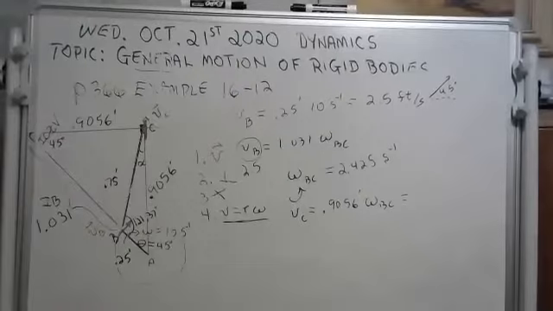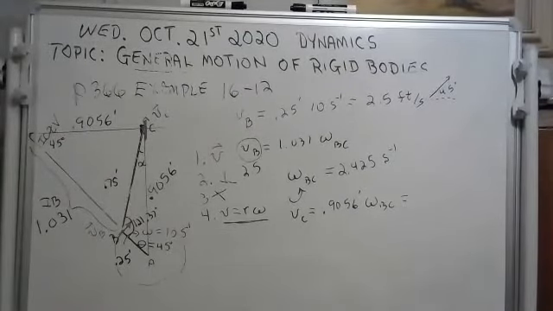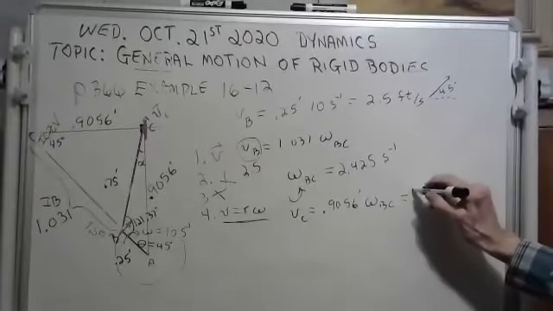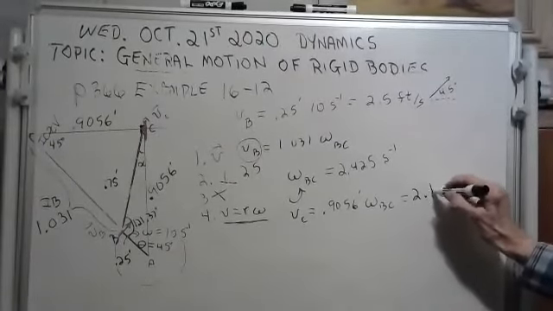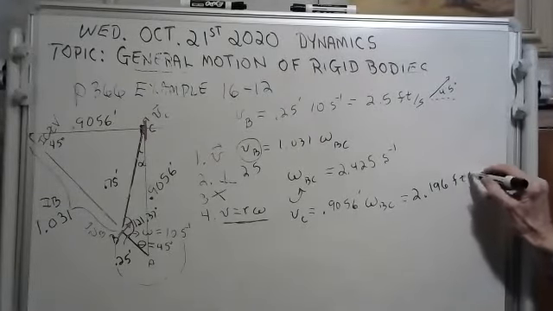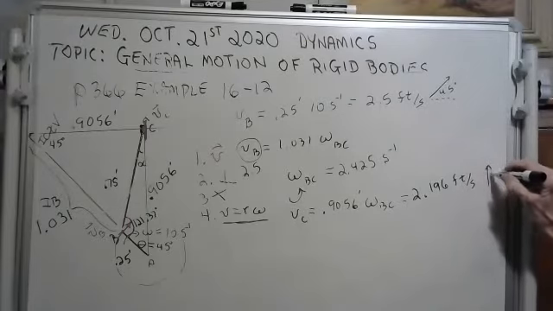Go for it. Well, I have the velocity of the piston. I'm getting 2.196 feet per second. Of course, it's going straight up.